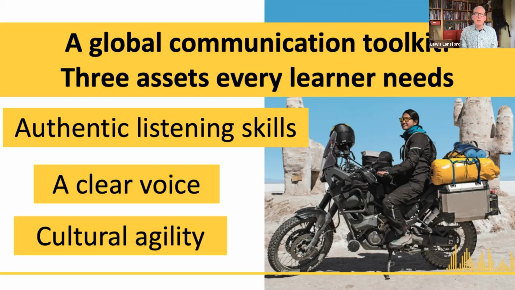And then, as we've just spoken about, cultural agility, the skills that are necessary for communicating with people from all over the world in a language that is a second language to everyone in the group or most of the people in the group.